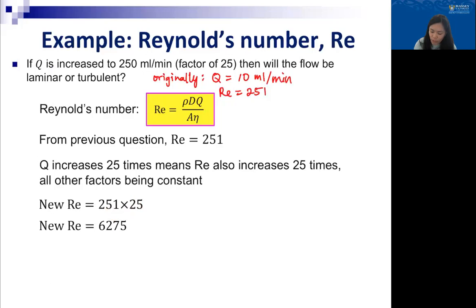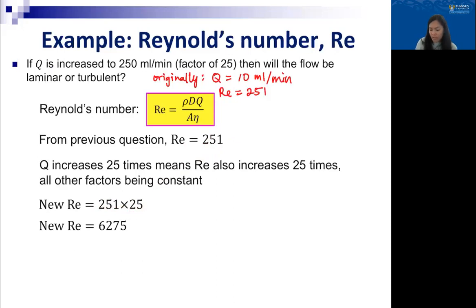You need to do the equation. So you either do this equation, again, substituting density, diameter, the new Q, divided by area times viscosity, or you can use the previous Reynolds number you got, 251, and multiply that by 25.